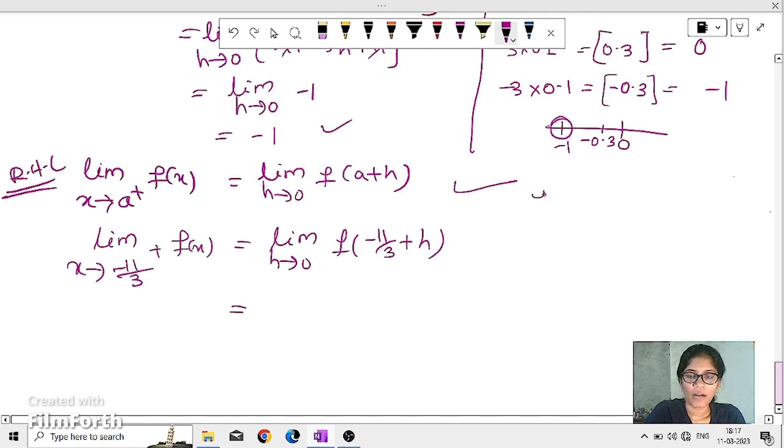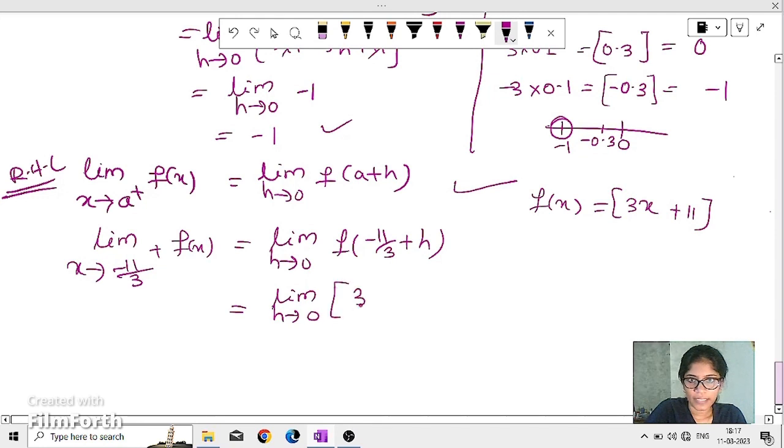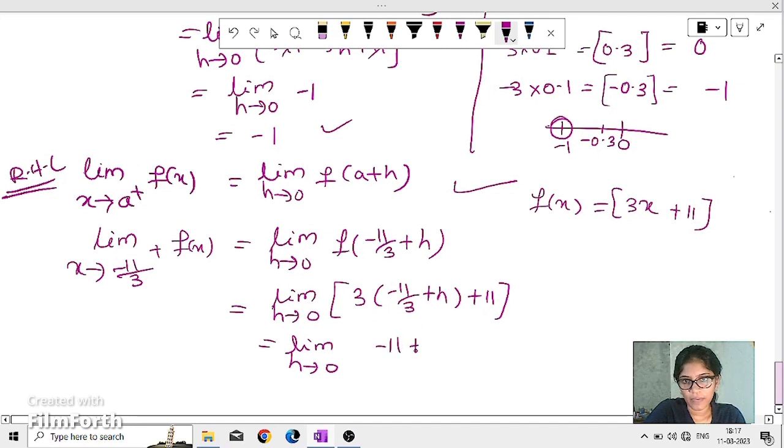Our function was f of x equal to 3x plus 11, so this is limit h tends to 0 of 3 into minus 11 by 3 plus h plus 11, where the 3 cancels, giving minus 11 plus 3h plus 11, which equals 3h.